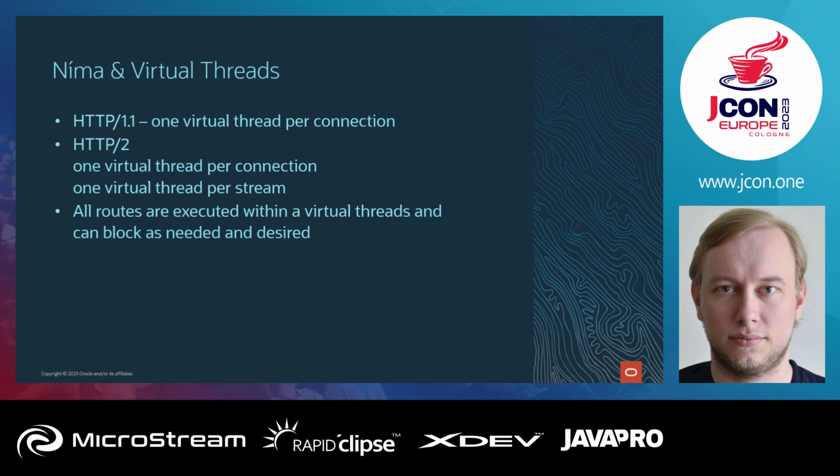But to be fair, the best utilization of virtual threads comes with HTTP 2. Because we are spawning one virtual thread per connection and also one virtual thread per stream. Also important to know is that all of your routes are executed with a virtual thread, so you can block as much as you want.